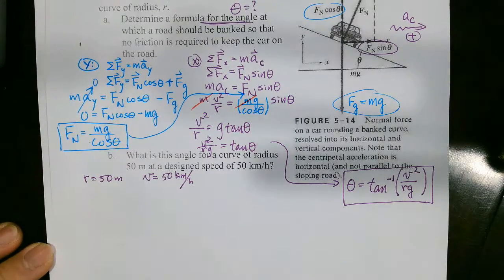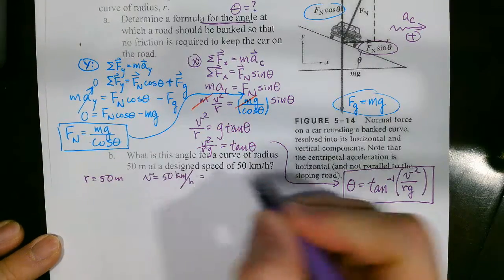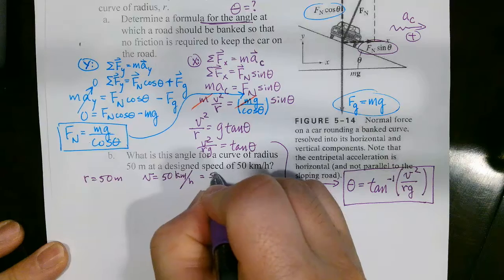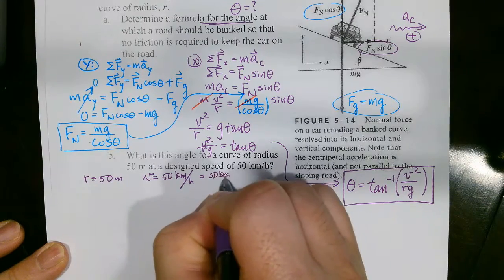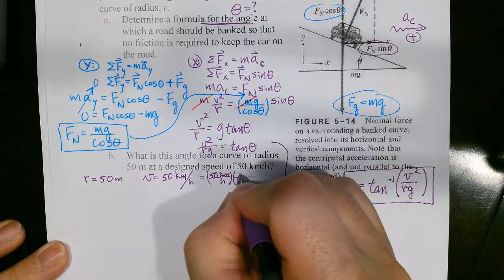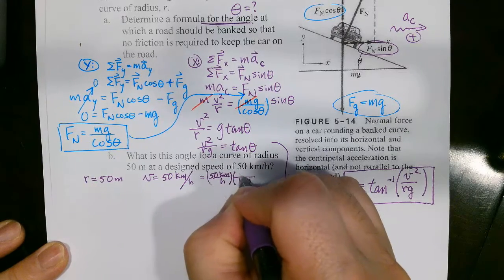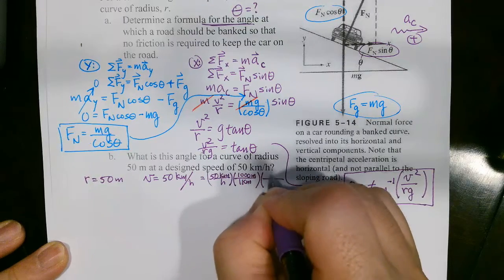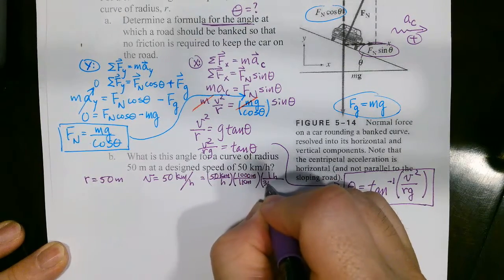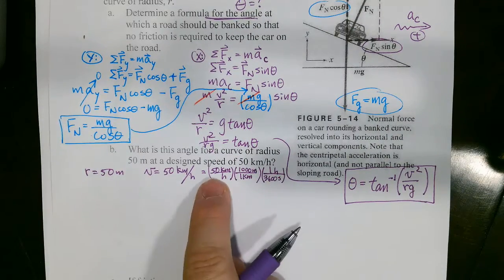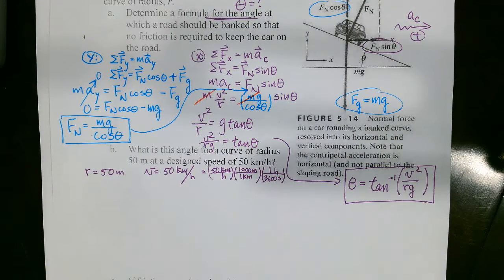In 1 kilometer there are 1,000 meters, and in 1 hour there are 3,600 seconds, so you're basically dividing that 50 by 3.6.